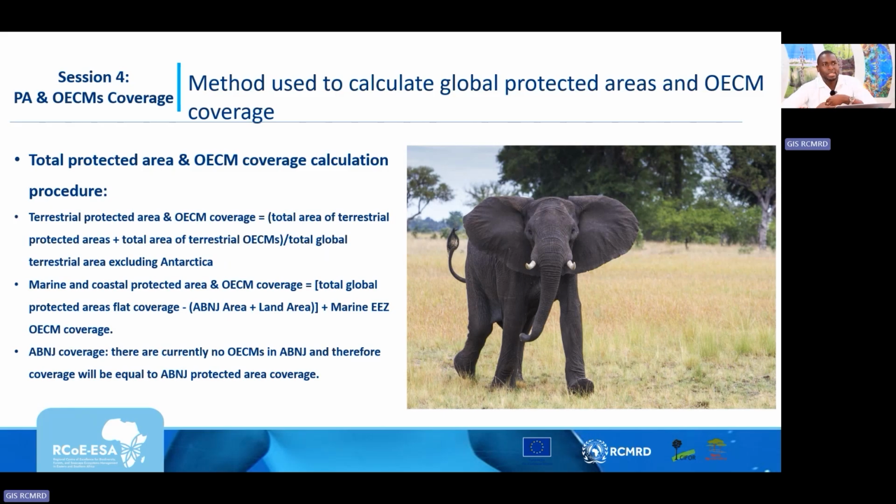And the marine and coastal protected area and OECM coverage is the total global protected area dissolved coverage, subtract the areas beyond national jurisdiction, plus the land area, plus the marine exclusive economic zones OECM coverage.